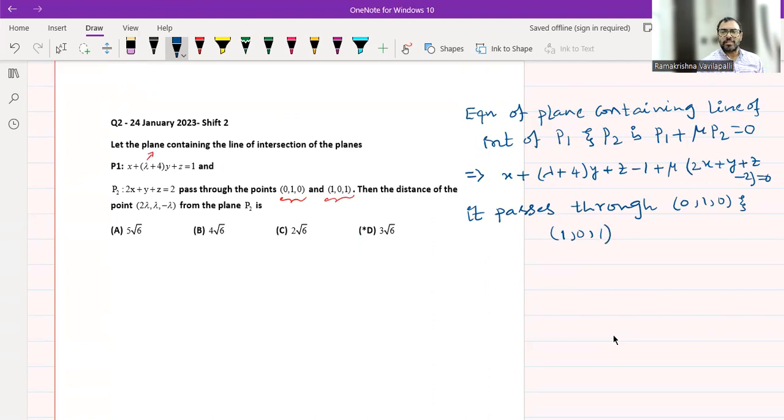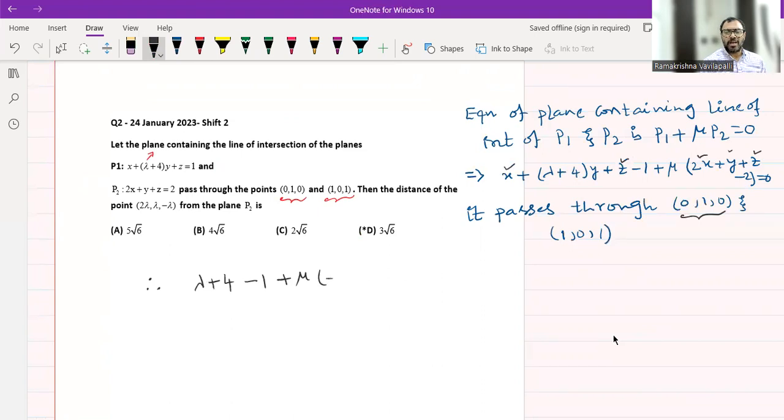So substitute the first point 0, 1, 0. x is 0, here y is 1, so you will get lambda plus 4, and z is 0, so minus 1 is here, plus mu into, substitute x 0, it becomes 0, this is 1 and this is 0 and minus 2. 1 minus 2 is minus 1.